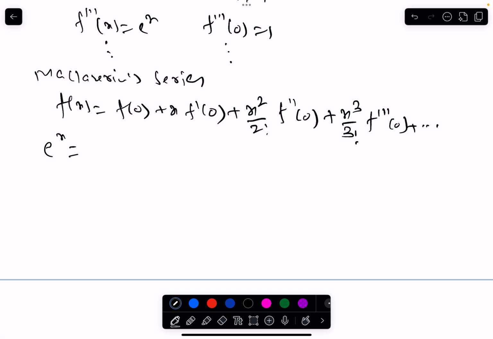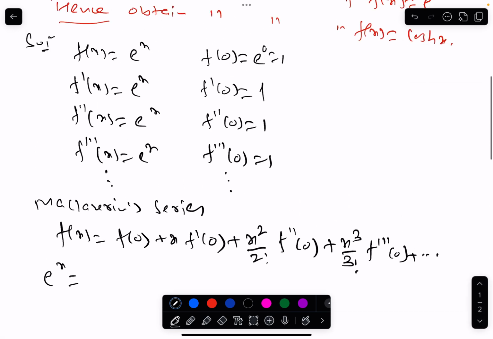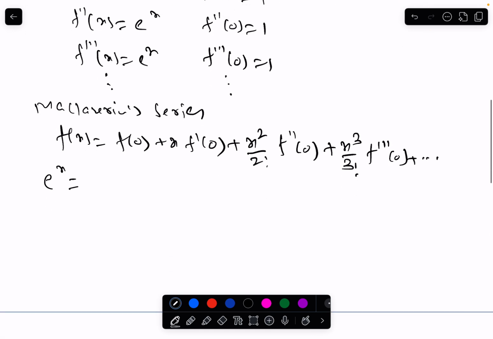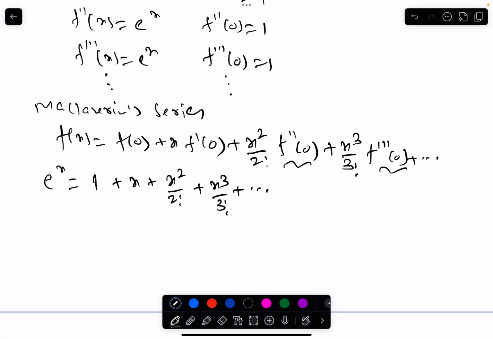So e power x is, f at 0, everything is 1. So 1 plus x plus x square by factorial 2 plus x cube by factorial 3 and so on. These are all values 1.